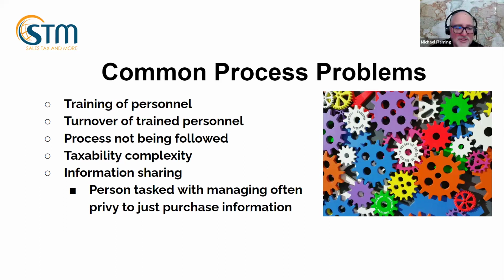Some very smart people out there often don't get taxability. Information sharing. The person tasked with managing this process is often privy to just the purchase information. They may not have access to the other information they need in order to do their job efficiently or even correctly. So these are just some of the common process problems if you're doing this on your own.